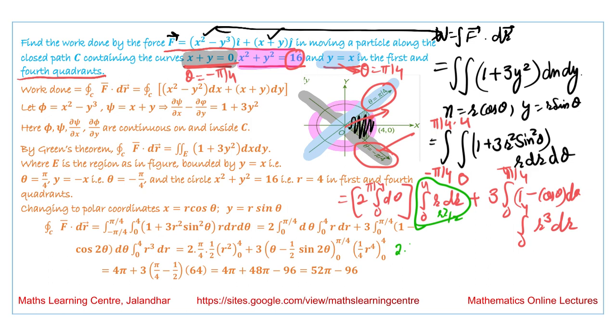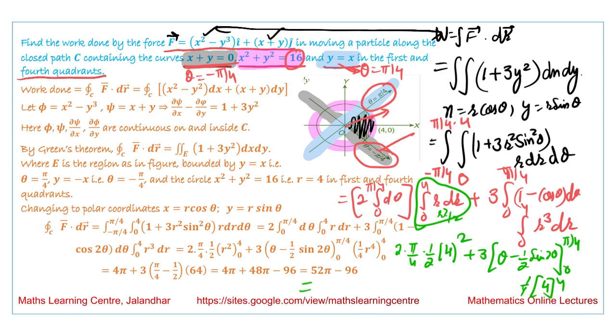It is 2 into pi by 4 into 1 by 2 into 4 square. Then the next value is plus 3 into this integration, theta minus 1 by 2 sine 2 theta, limit 0 to pi by 4, and then the next value is 1 by 4, when you substitute the limit, 4 raised to the power 4.